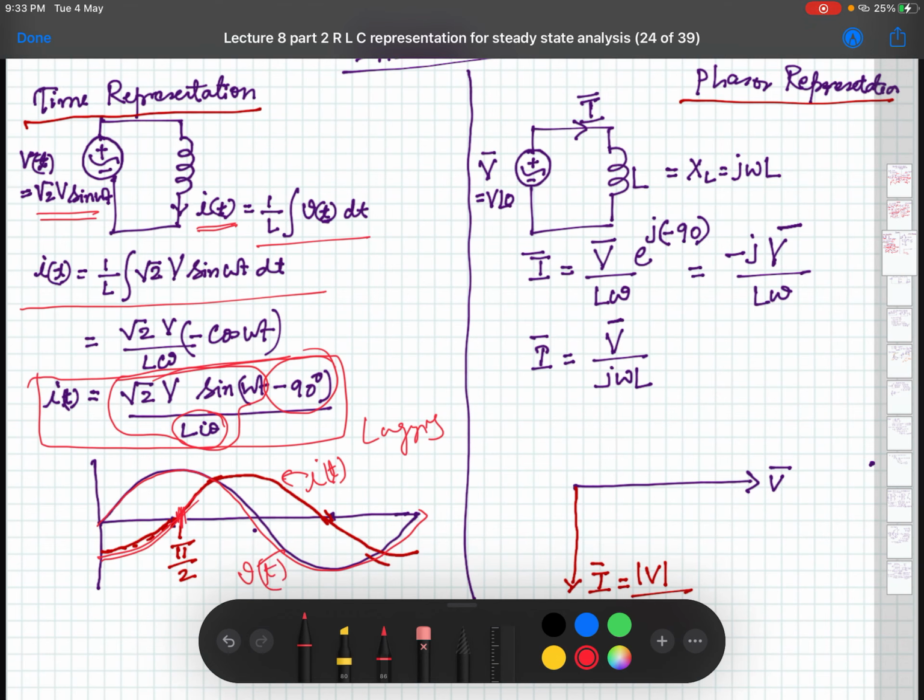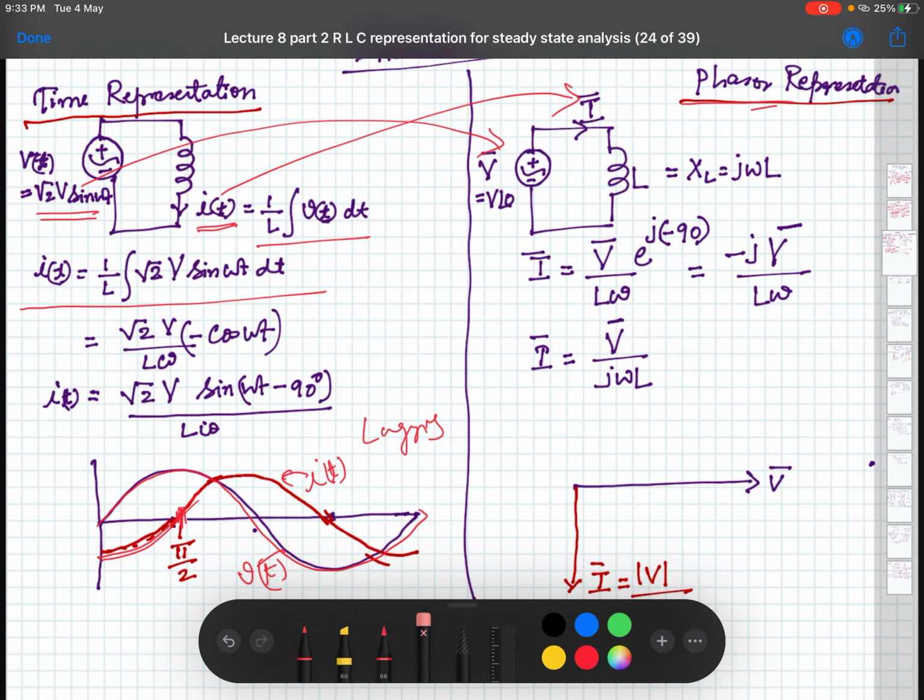Now let us see the same fact in the phasor domain, or in phasor representation. So here the same V is represented as this, the same I comes about here, and now let us see the calculation of I using this part. So I am writing IT in phasor form. In phasor form, this is root 2 sine omega t phasor, that is the V phasor, which is V angle 0.